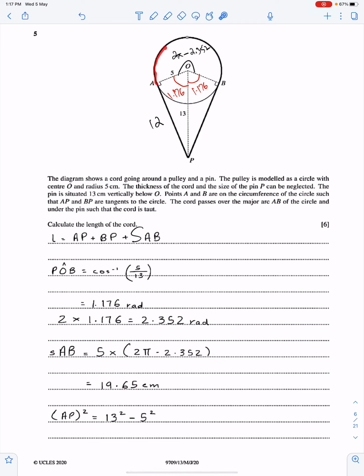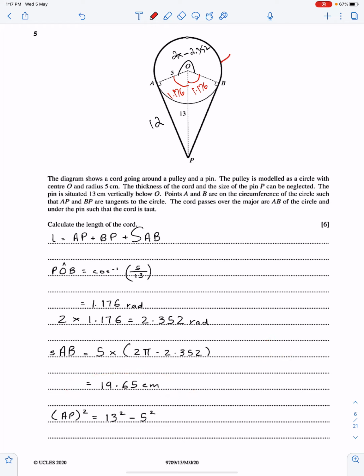Now we can easily get the length of this arc, which is s is equal to r theta. This total angle is 2.352, therefore this angle is 2 pi minus 2.352, and this is the formula of arc length, r theta.